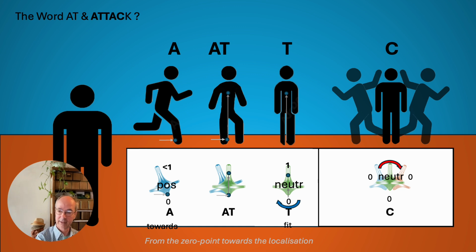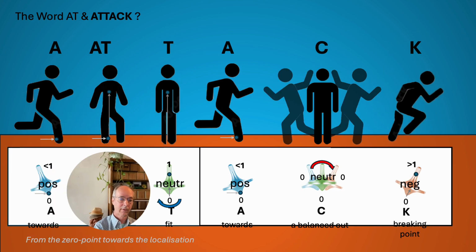That's the letter C, translated to an adaptation process in movement. So when I add up the movements that I do, I have the A going towards it, I'm at it, I have T, I'm imbalanced, and I will move again within a certain balance and go out of balance or find that breaking point.